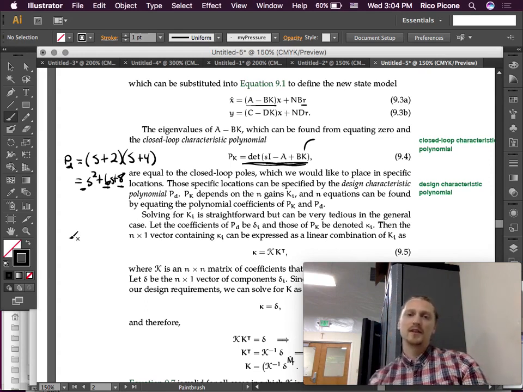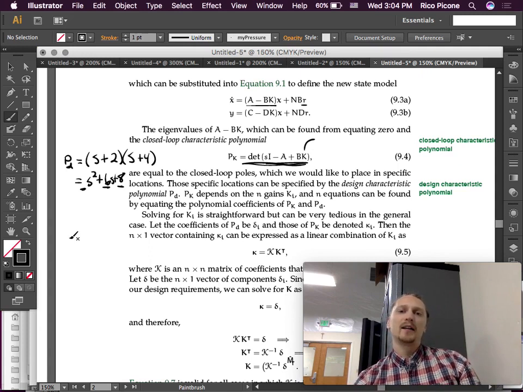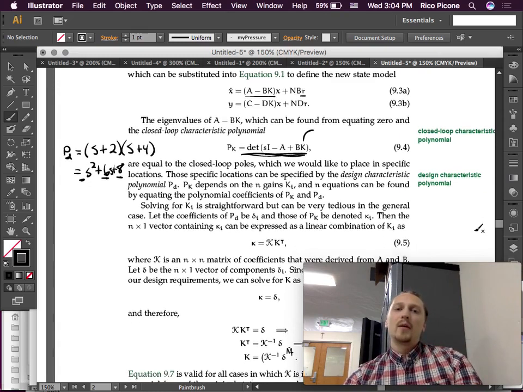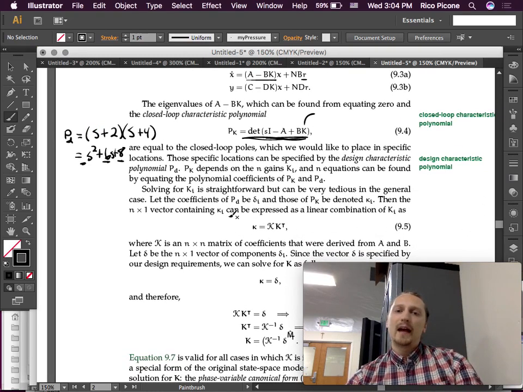Let the coefficients of PD be delta i, and those of PK be denoted kappa i. Okay. So the design ones have deltas, and the K ones have kappas. Then the n by 1 vector containing kappa i can be expressed as a linear combination of Ki as follows.